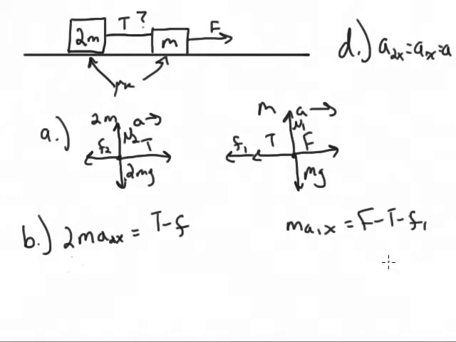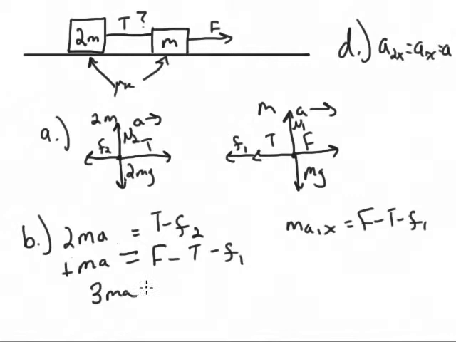So now if we just add, we'll call this A, 2ma equals T minus F2, and ma equals F minus T minus F1. We add these together, we'll get 3ma is equal to F, and the tensions will cancel, so we'll get minus F2 minus F1.